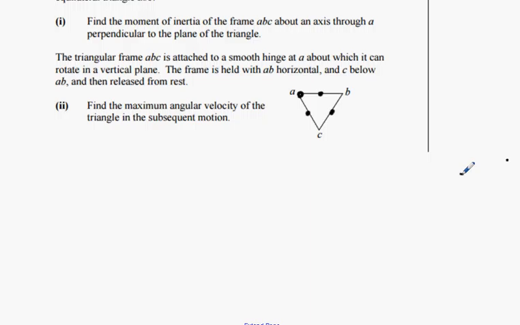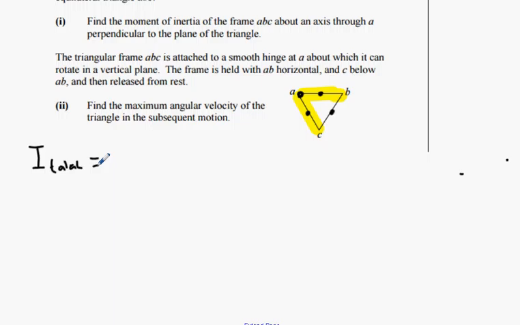Now, you can see two of the rods in yellow. Two of the rods are held at their end, yeah? So those two rods are held at their ends. That means that they're 4/3. So we're looking for I total around A. There's two rods that are held at A, at their end.